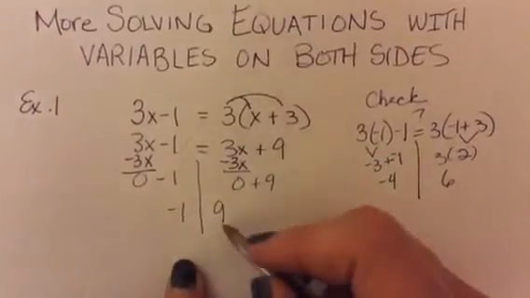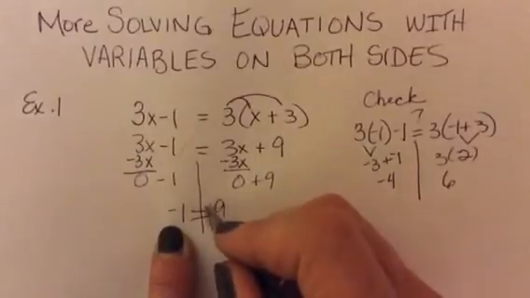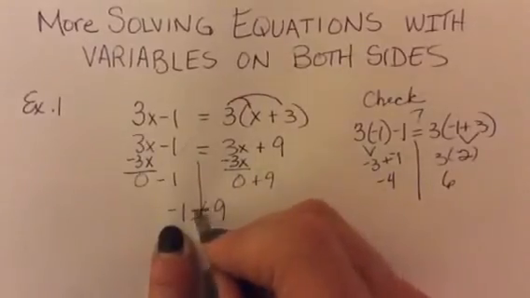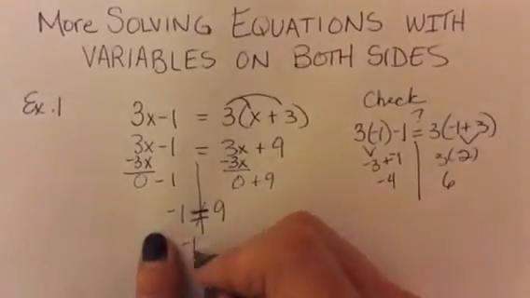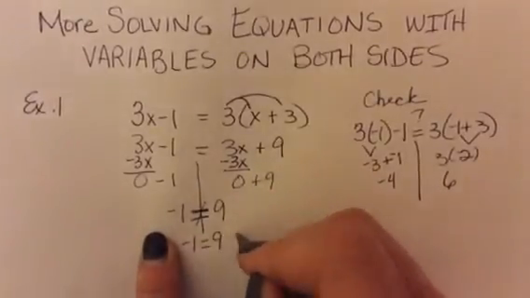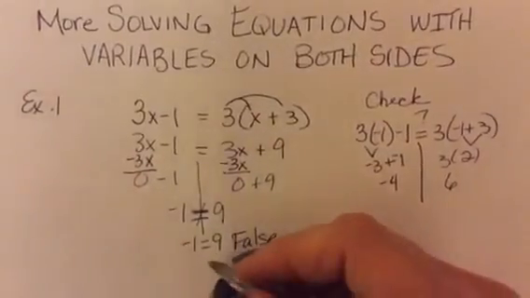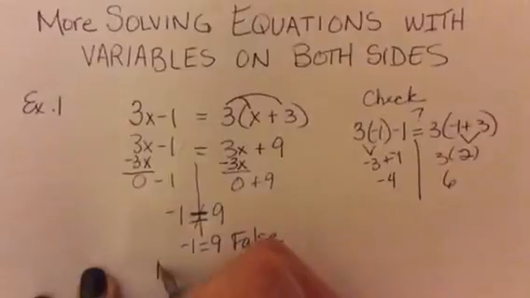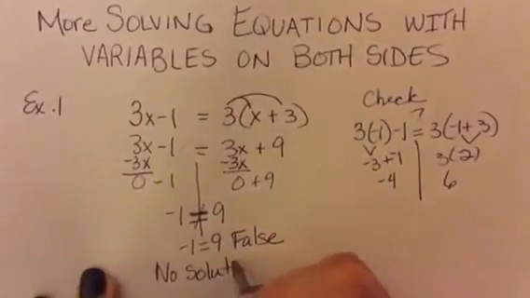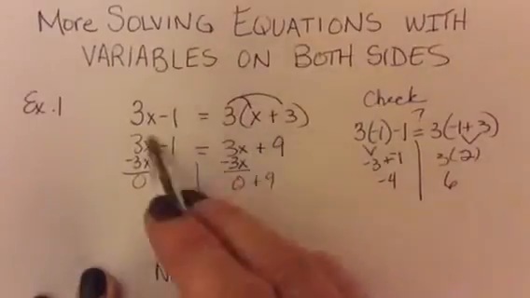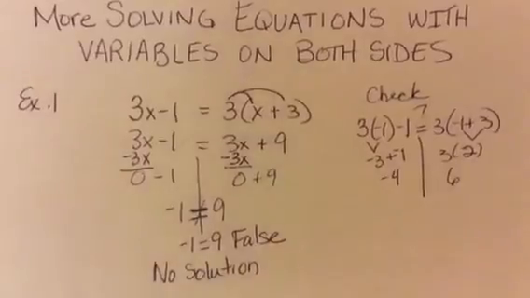No number will work because these two are not equal. To say that they're equal would be a false statement. It is false that negative 1 is equal to 9. So that means there is no solution. Doesn't matter what number you pick. It's not balanced and the x's drop out.